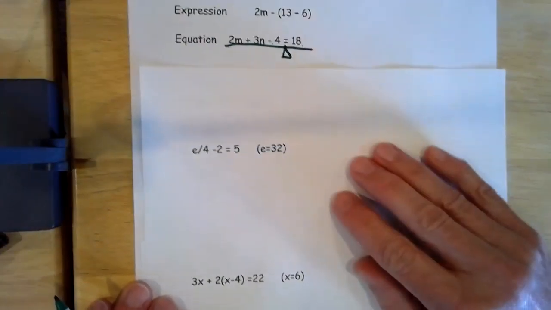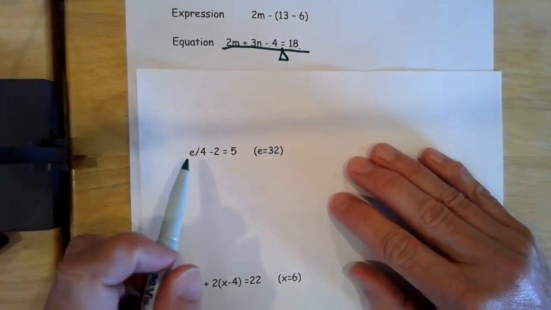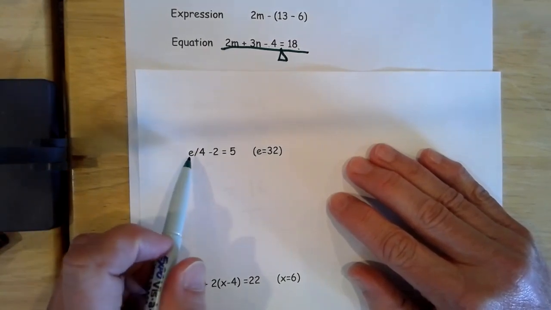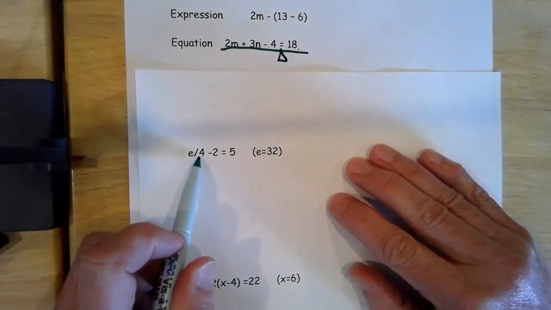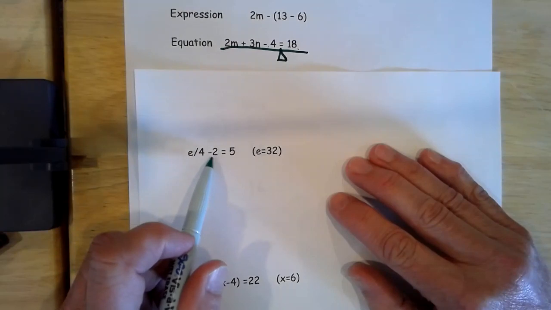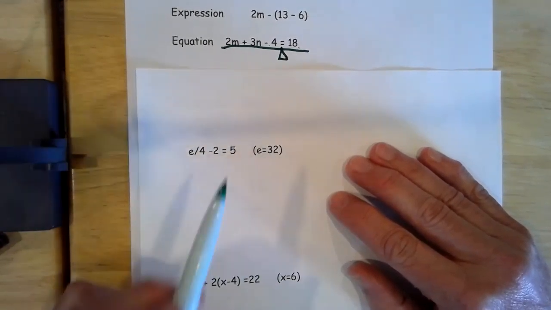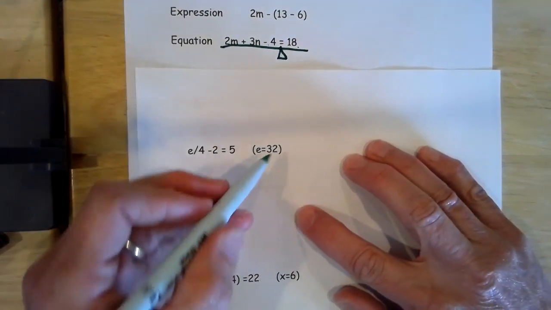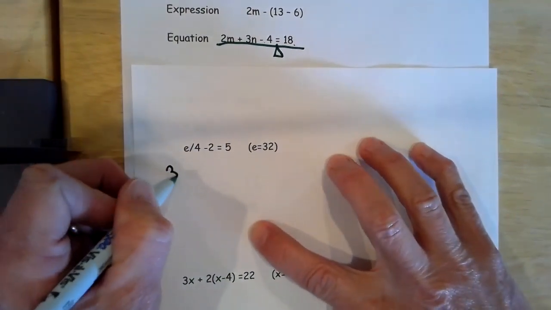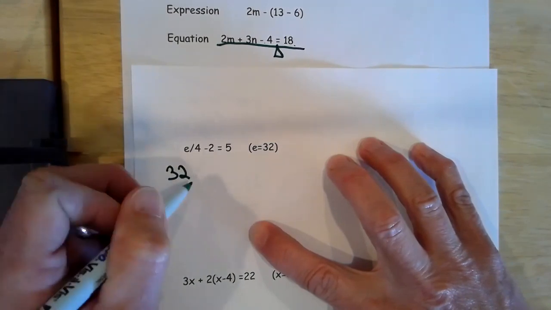If we look at another example here, this one's involving division. We have e divided by 4 minus 2 is the same as 5 when e is 32. So we need to input that value in for e.